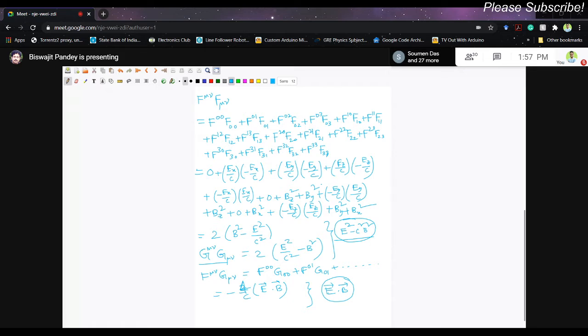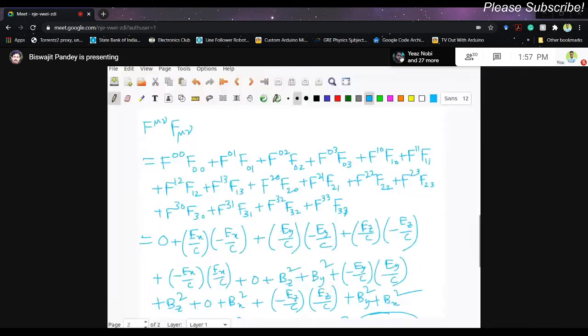So we shall do the same problem here, but this time using the electromagnetic field tensor, not thinking of electric field and magnetic field as separate objects.